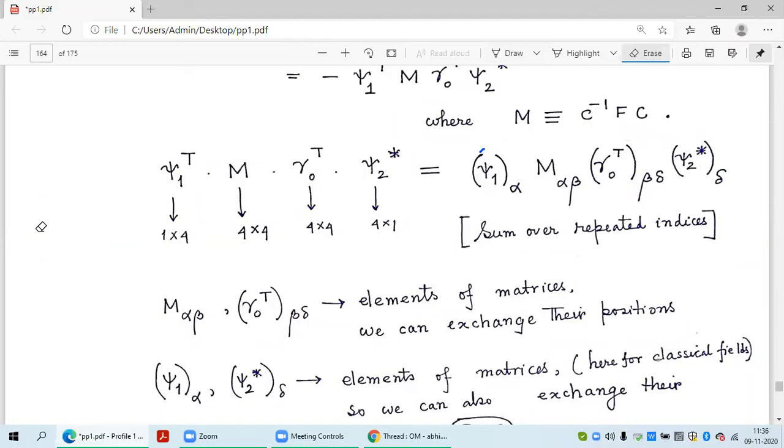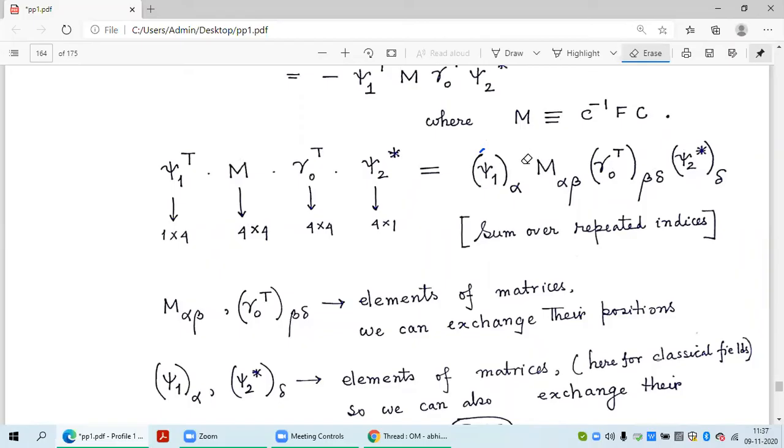So I am using the fact of quantum field theory, which we have not studied so far, that these fields will get the status of operators in quantum field theory. Since we will apply these results in quantum field theory, we have to take care of the operator nature of these fields, which means when we swap psi 1 and psi 2, I have to take care of their commutation or anti-commutation relations.